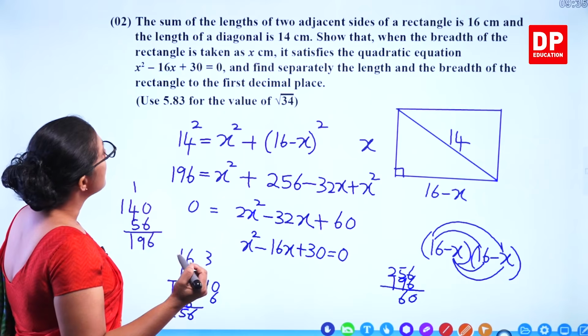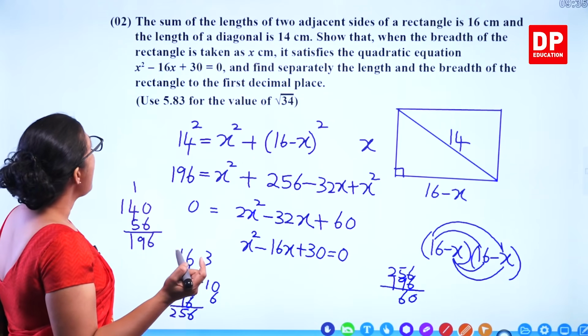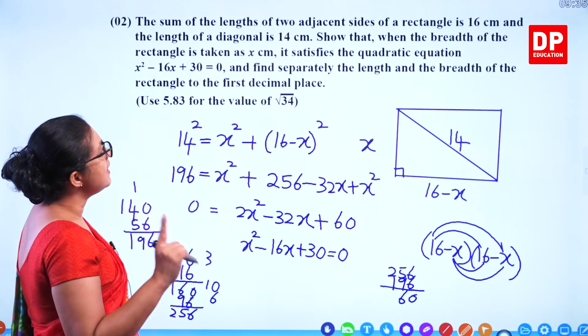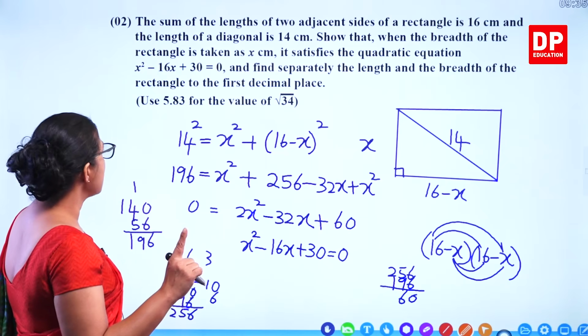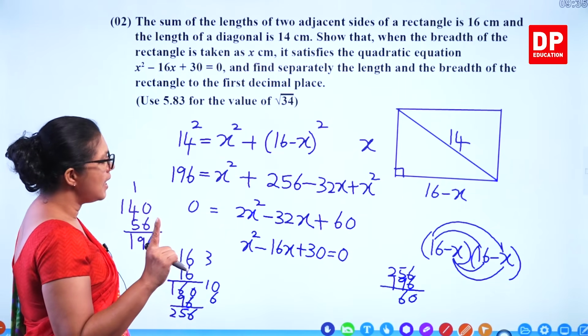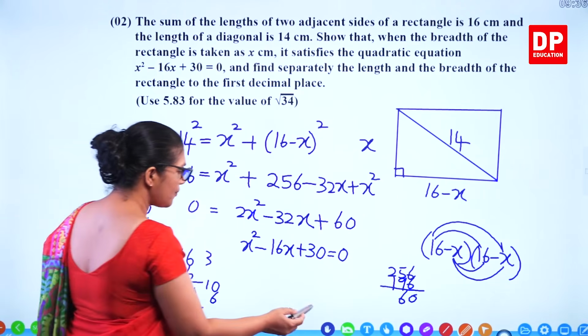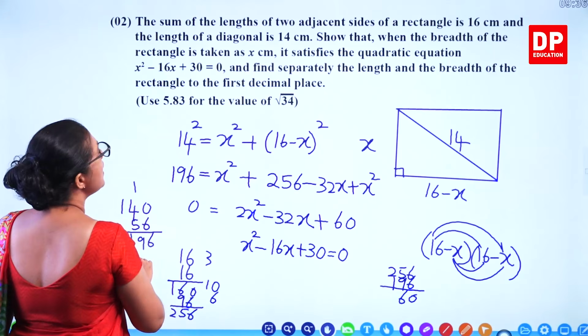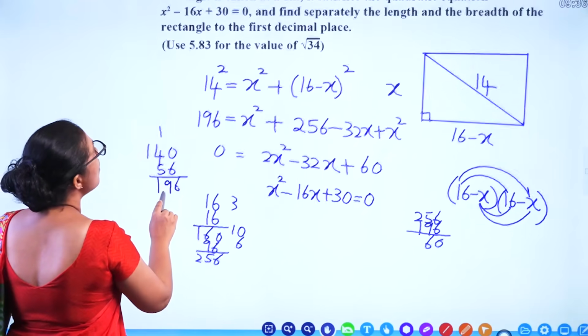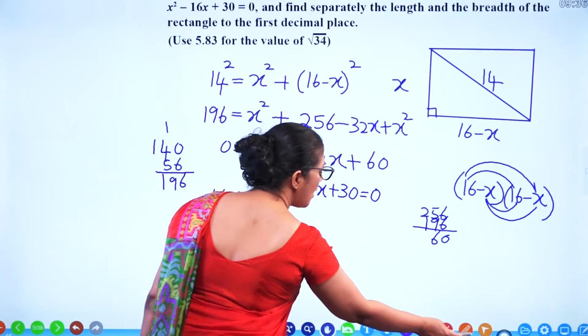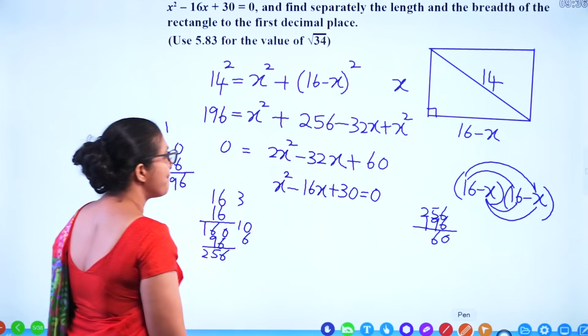And it says find separately the length and breadth of the rectangle to the first decimal place. So what's the method we can use? We'll use the completing the square method.